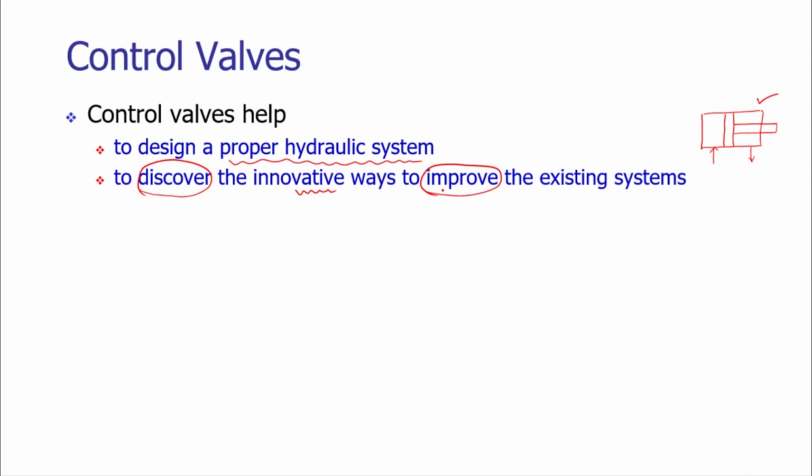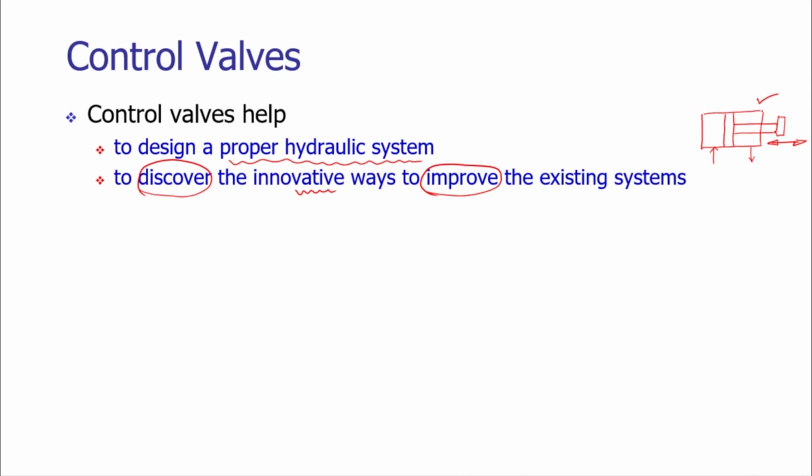It may be just to generate the on-off, or you can say the discrete motion, with a complete retraction of the single acting cylinder or the complete extension of the single acting cylinder, or it may be a gradual application of the force at this end by using a proportional control valve.